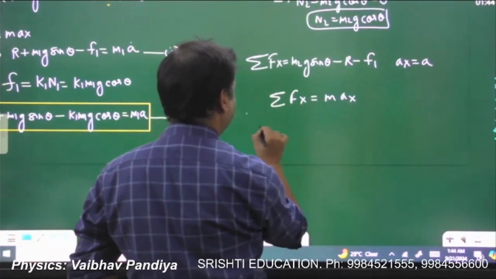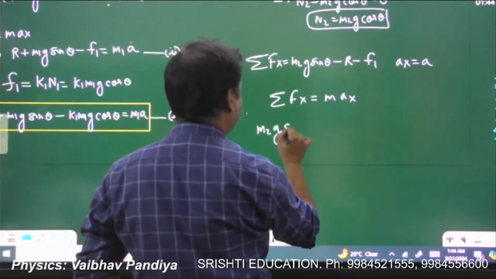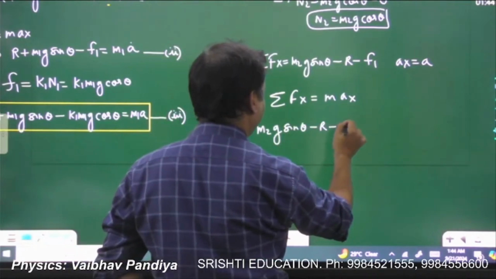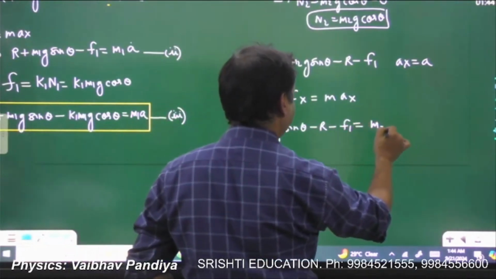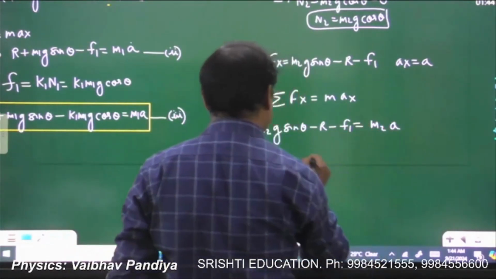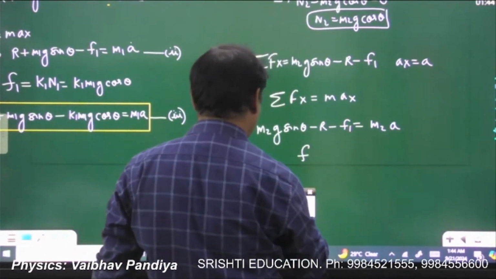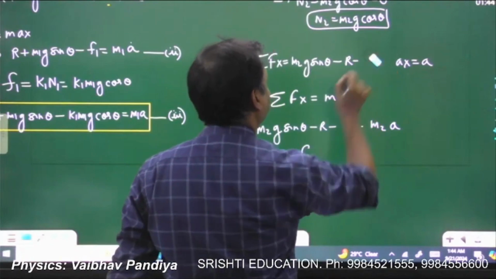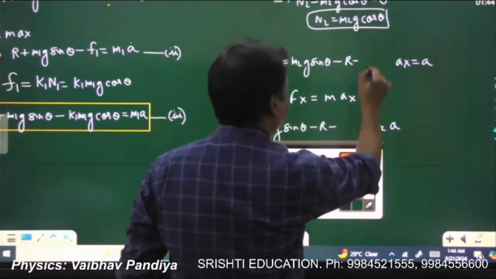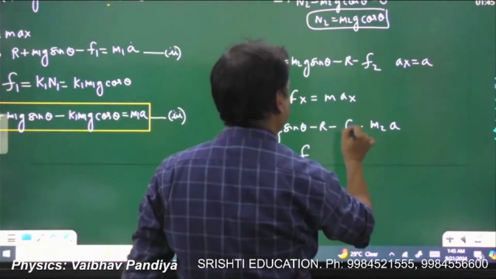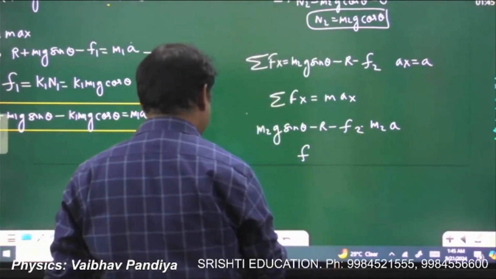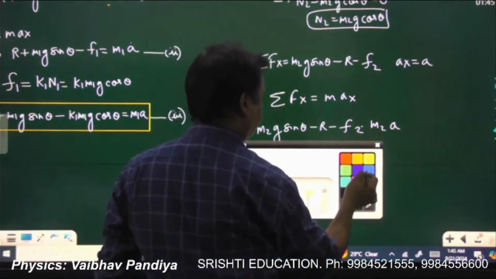So I will get M2g sin theta minus R minus F1 is M2A, correct? No, sorry, F2, not F1. Here it will be F2. That is the second block. So M2g sin theta minus R minus F2 is M2A.